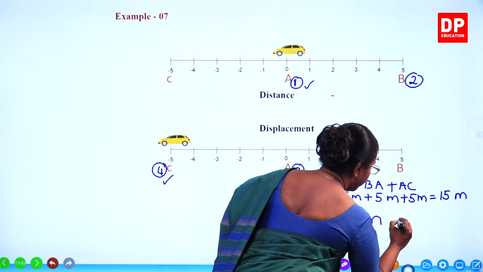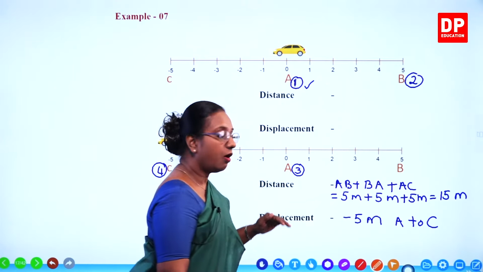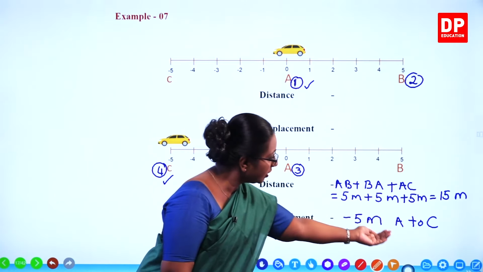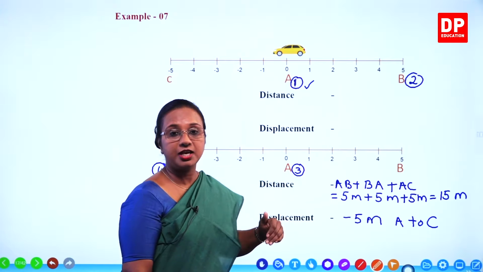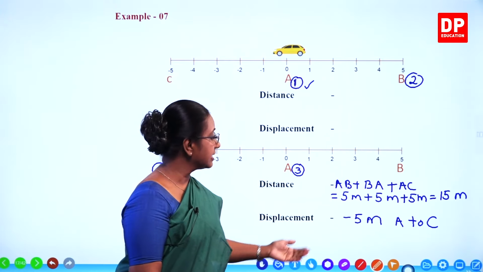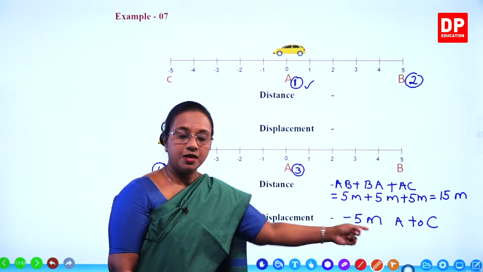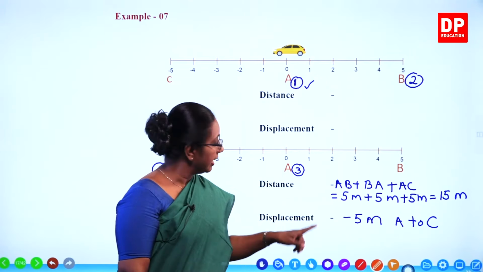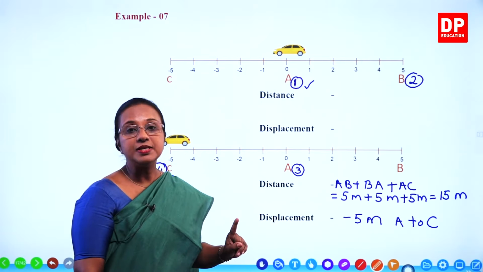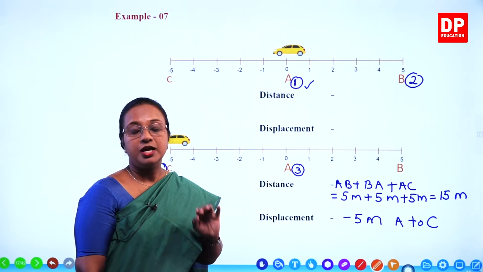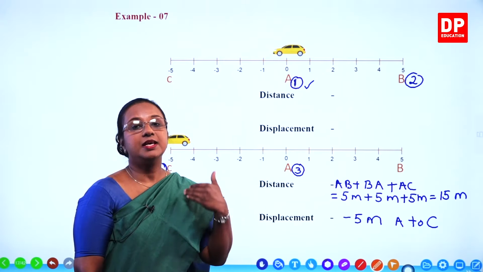This is going to be from A to C. Or else, since you are denoting the direction and it is opposite of the initial direction A to B, you can write it as 5 meters from A to C. Always remember students, here the minus sign denotes the opposite direction. It is not a negative value, it denotes the opposite direction.